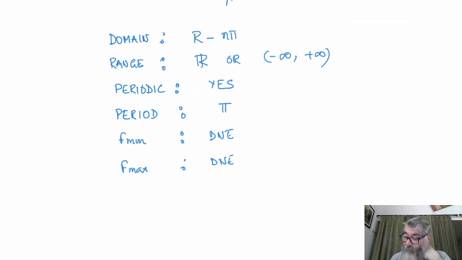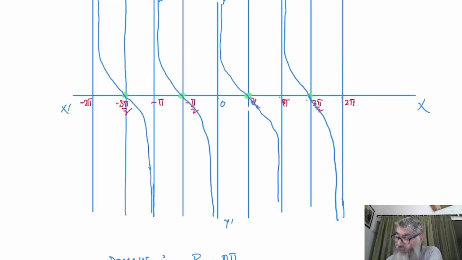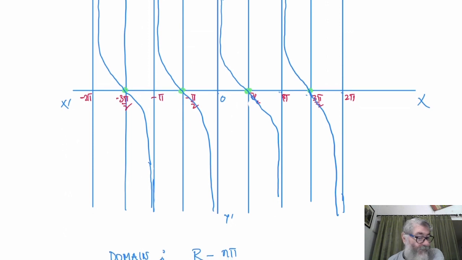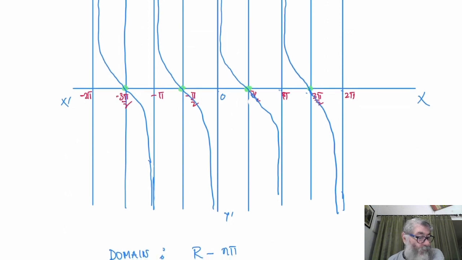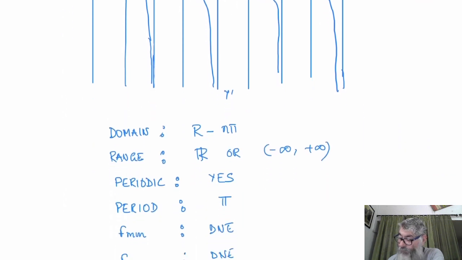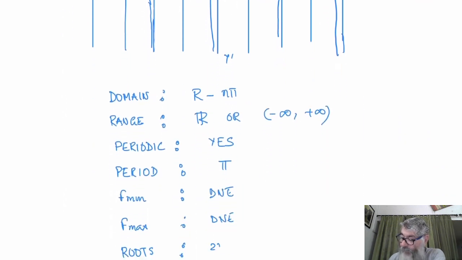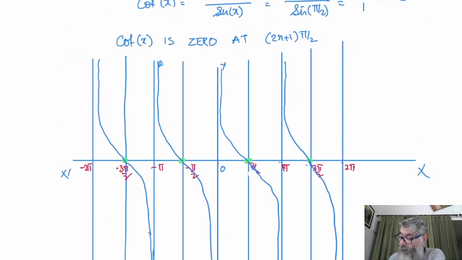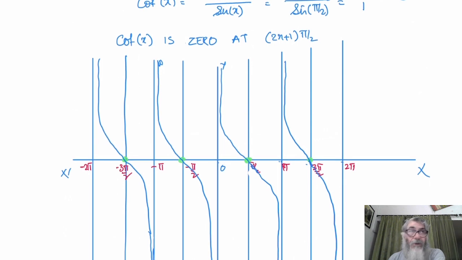Now, what are the roots? Where is this cutting the x-axis? It is cutting the x-axis at odd multiples of pi by 2, that is, 2n plus 1 pi by 2. And asymptotes are vertical lines towards which the graph is moving but not touching.